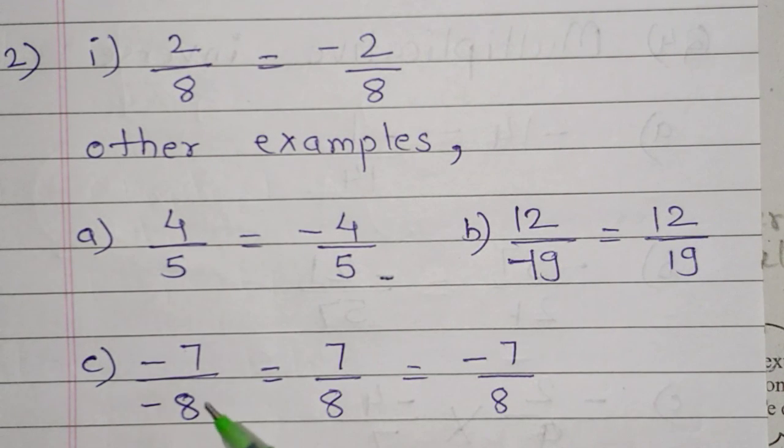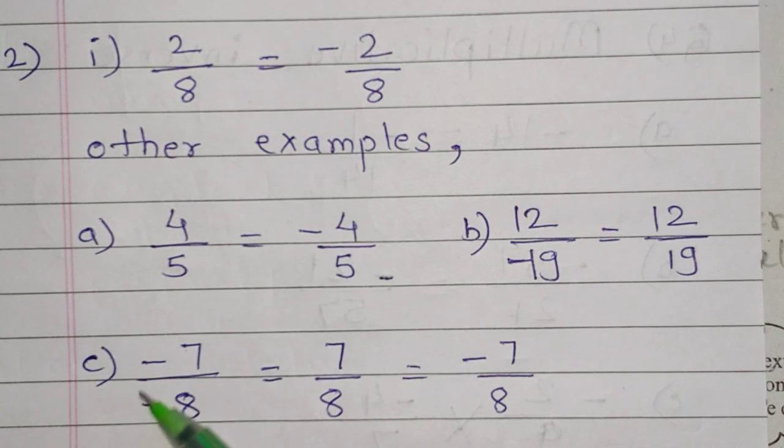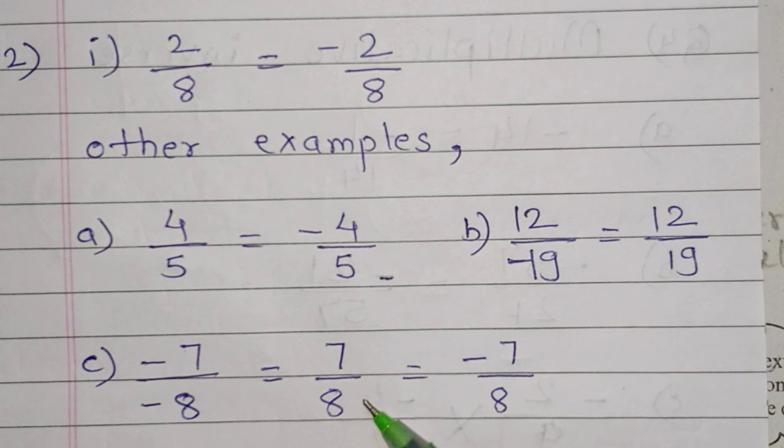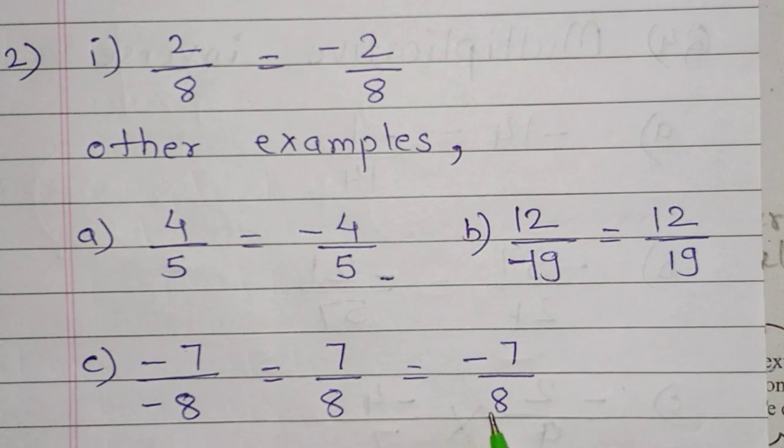Now here minus 7 upon minus 8. See, both in numerator and denominator there is a negative sign. So after solving this, I got the answer 7 upon 8. So its additive inverse is minus 7 upon 8. Just see this example very carefully.